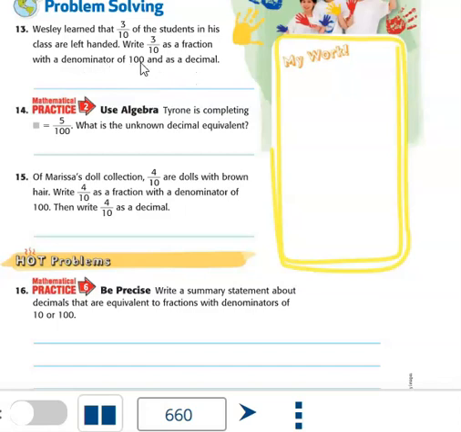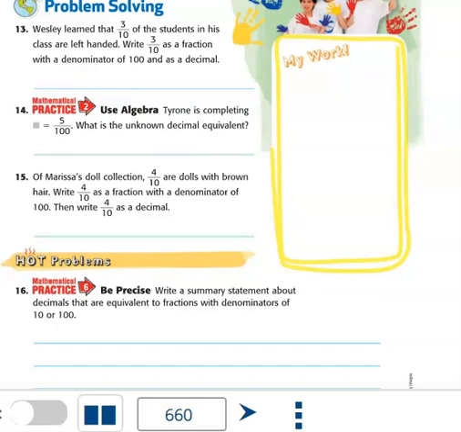How is it with a denominator of 100 and written as a decimal? This one, they're just asking you for the decimal equivalent. You don't need to write another fraction for this one, just the decimal. And this one, it's asking you for both again. Write it with a denominator of 100 and write it as a decimal. So 13 and 15 are the same, but 14, it's only asking you for one of those, which is the decimal.